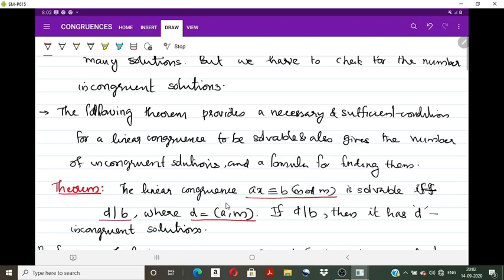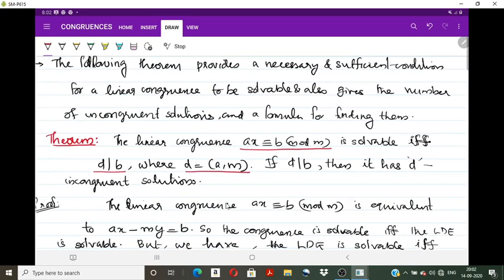And if d divides b, then it has d incongruent solutions. So the number of incongruent solutions is equal to gcd of a comma m, that is d.